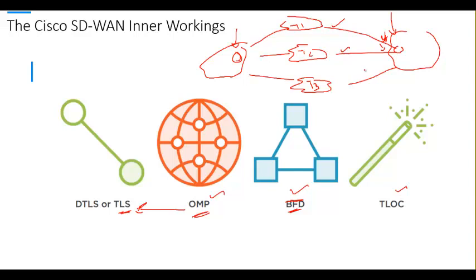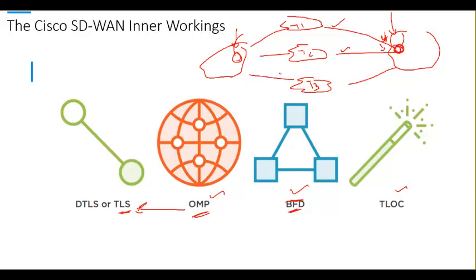You remember when we have multiple paths to an IBGP router, we don't use the physical interface address to form neighbor. Why? If the physical link goes down, your neighborship will go down. So what we do, we use loopback interface to form neighbor. Likewise, the TLOC information is going to be used to identify the remote site.